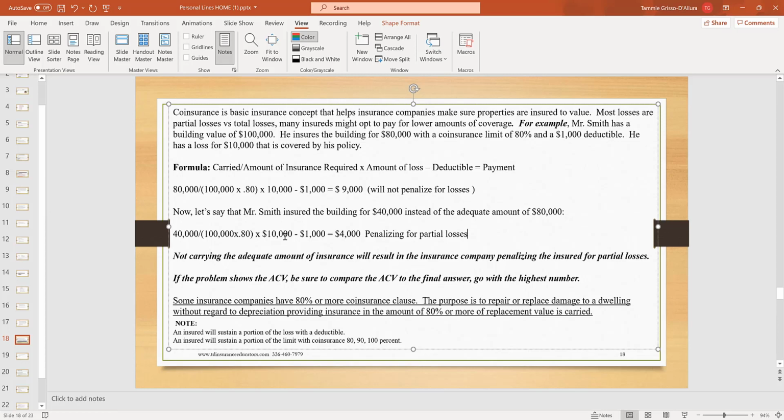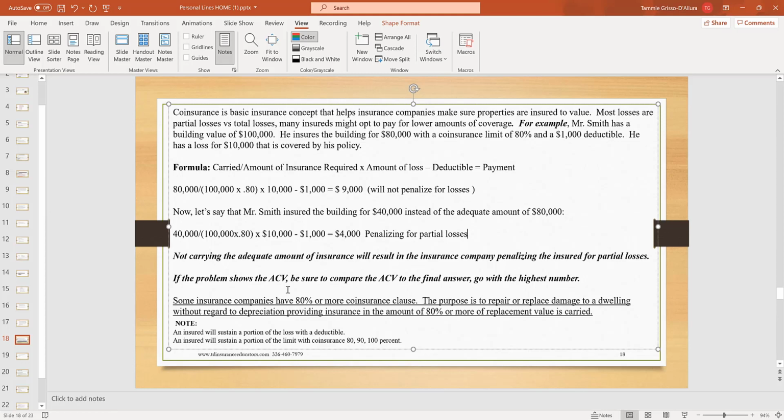Plus, with the HO2 and the HO3 form, if you don't have replacement cost on your building, if you do not have the right co-insurance, you will not get replacement cost. So not carrying the adequate amount of insurance will result in the insurance company penalizing the insured for partial losses.